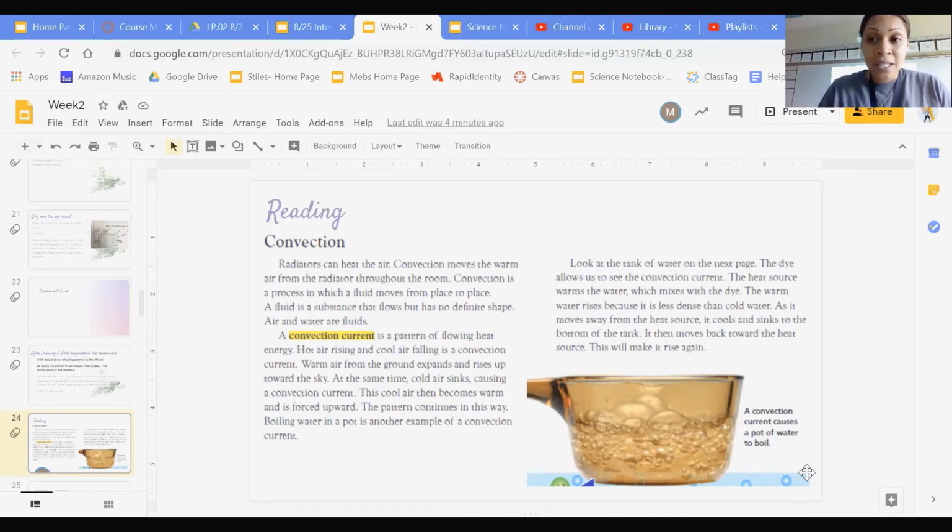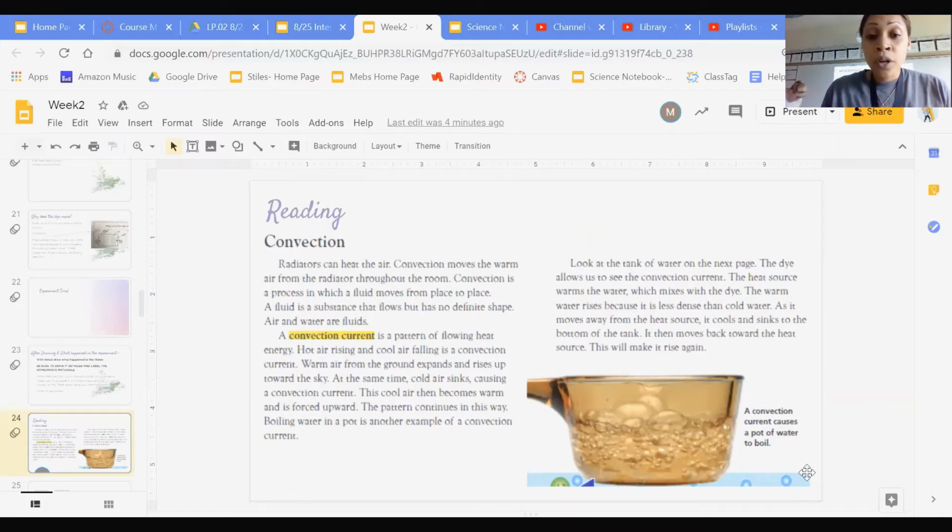Because the top of the pot is not touching the burner. So the water at the bottom is hotter than the water at the top, even though it's all hot. I'm not saying stick your hand in a pot of boiling water because the top is not hot. I'm just saying that the top is cooler than the bottom because the bottom is closer to the heat source, which is the burner.